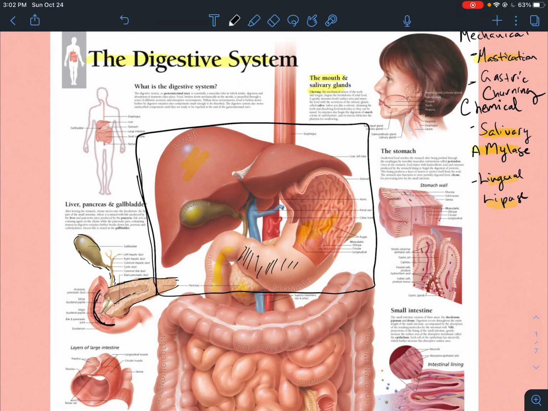And when food is mixed with the saliva, you get a semi-solid bolus, which then has to be transferred to the oropharynx behind the mouth where swallowing or deglutination is initiated.